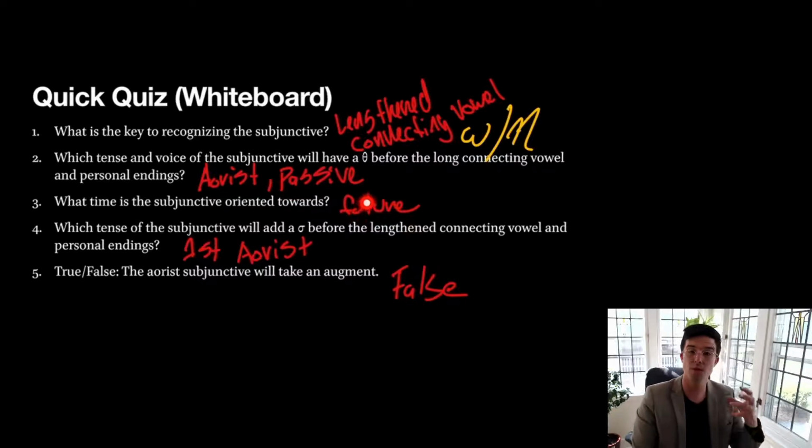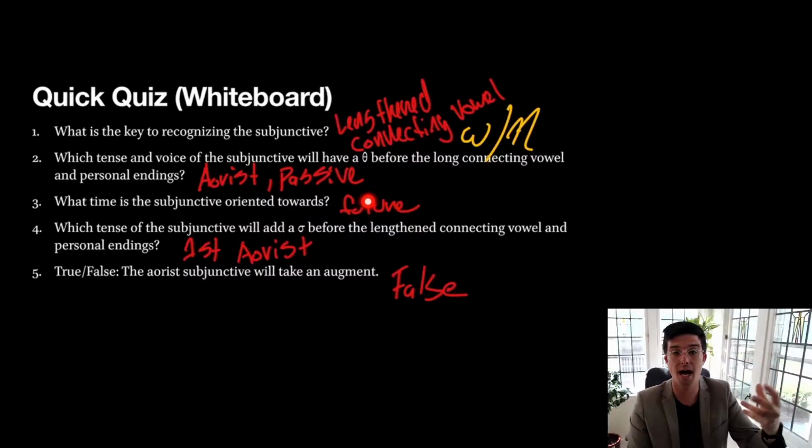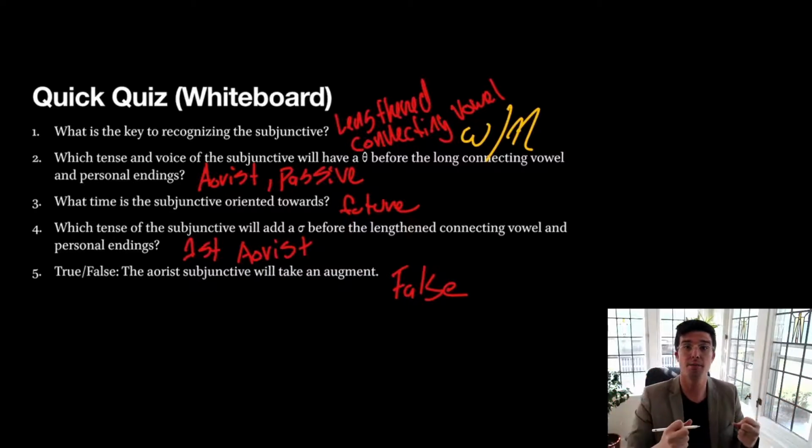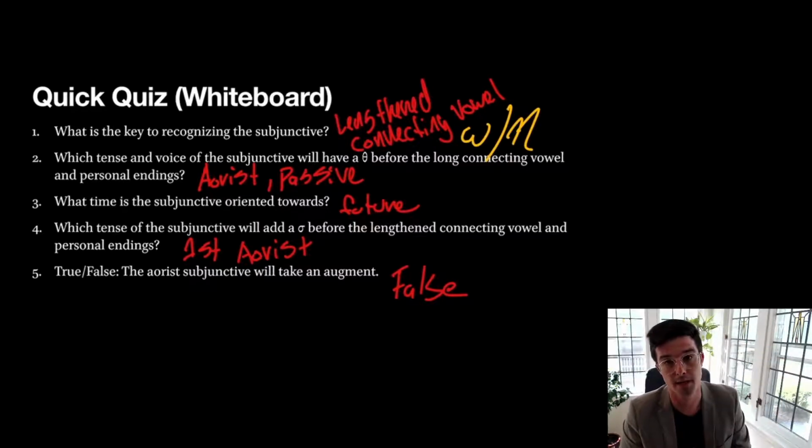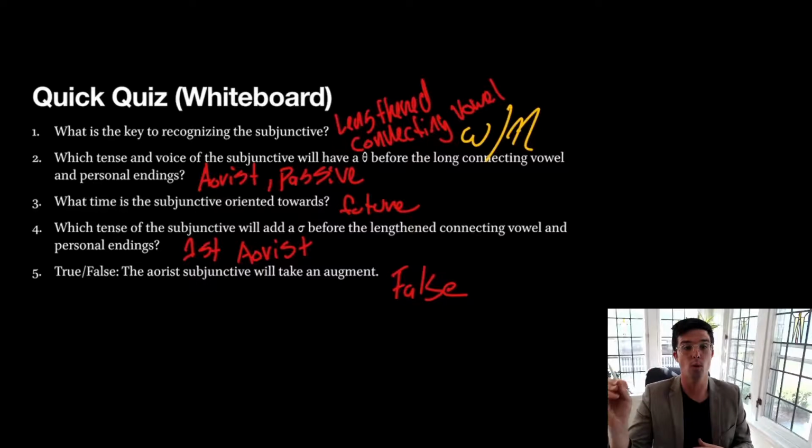The subjunctive is oriented towards future time because it is the mood of possibility or probability or contingency. The action is not assured, so it may or may not happen. That being the case, it's sort of future oriented. We're often going to translate with the English future tense word will.